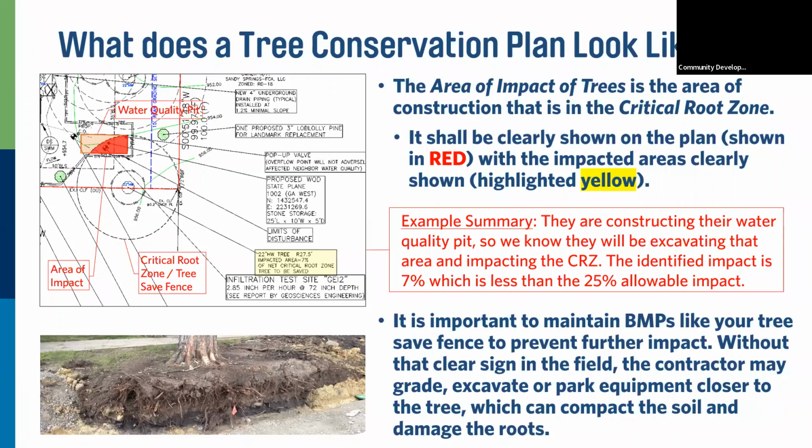So we know they're going to be excavating this area. Overall, this impact is very minimal, but this is why it's important to maintain your BMPs, because if someone decided to put their tree safe fence close to the tree, we could end up with something like this below. We have a lot of root impact, and the tree would essentially be destroyed.